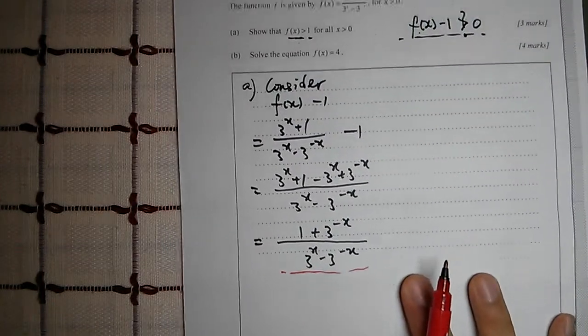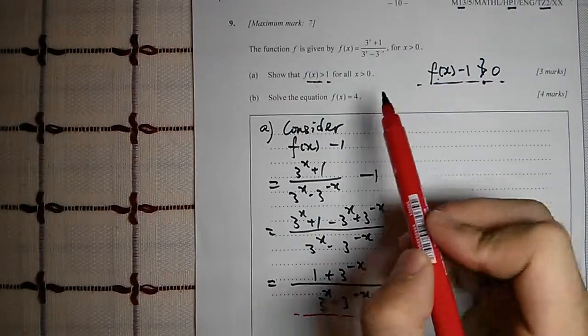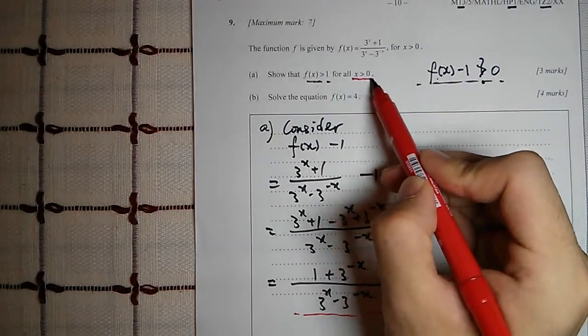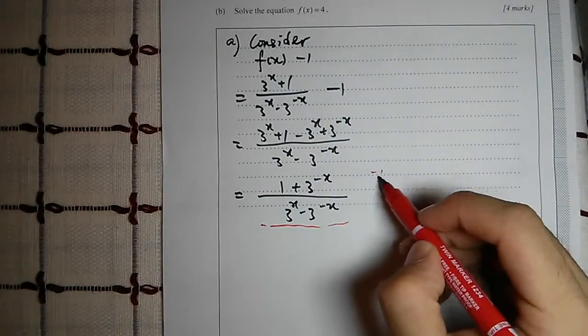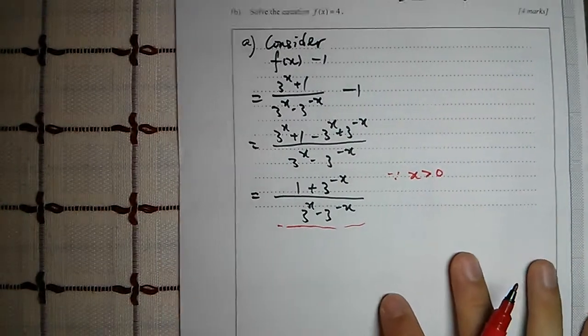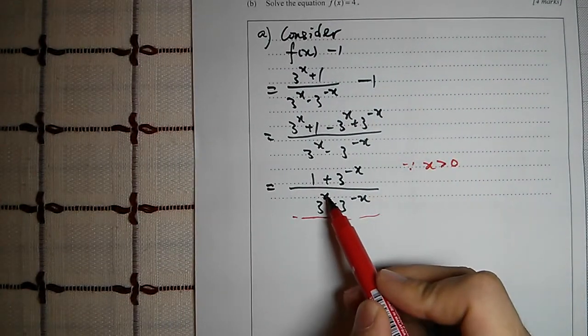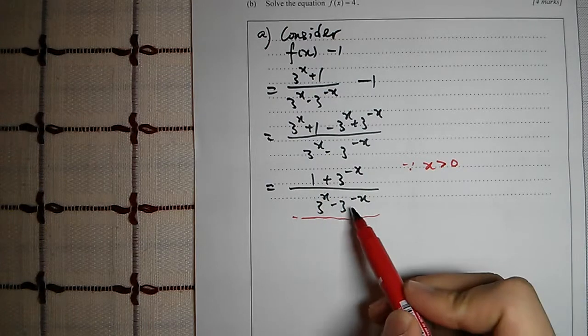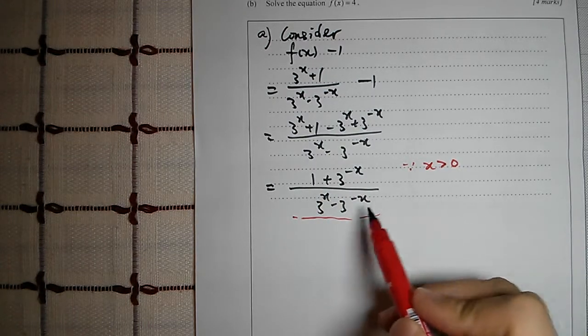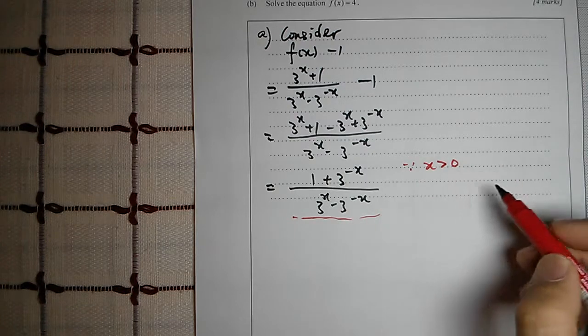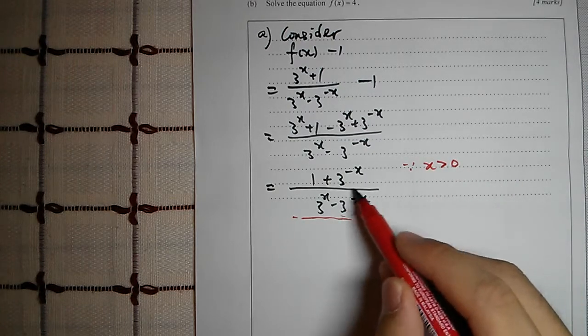And also you need to check the domain of x, we would see that x is guaranteed to be bigger than 0. So you need to think about if x is bigger than 0, what would happen is 3 to the power of x is positive, and 3 to the power of negative x, even if x is negative, negative powers mean 1 over, right? This is still positive.